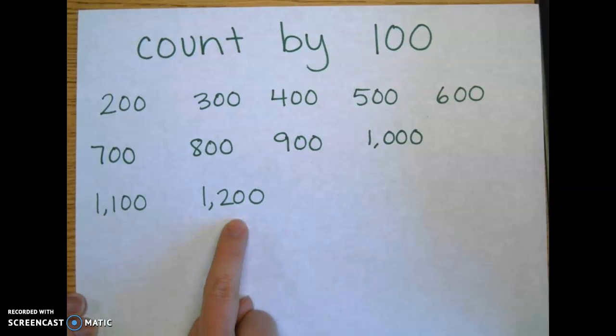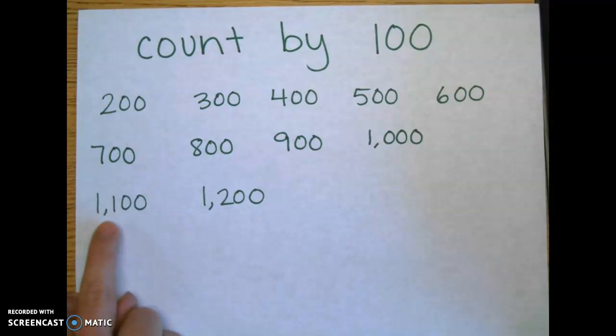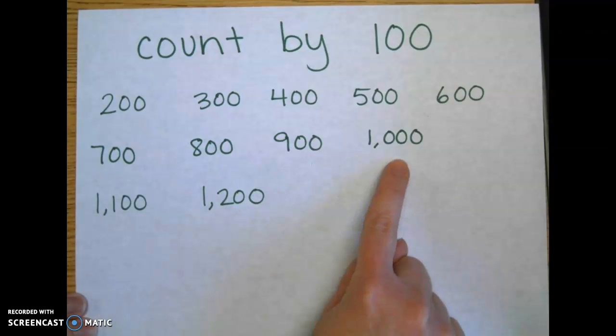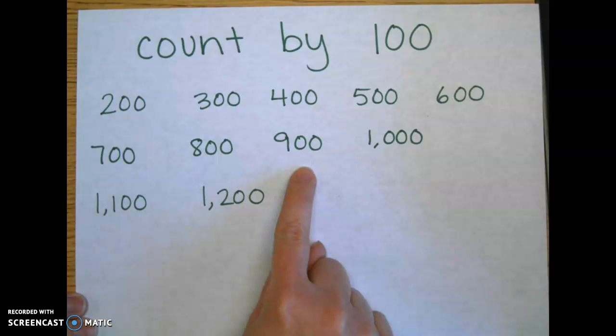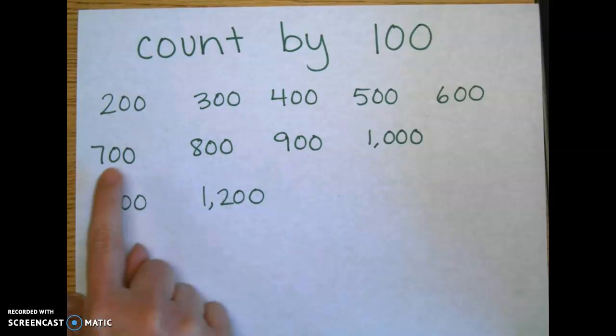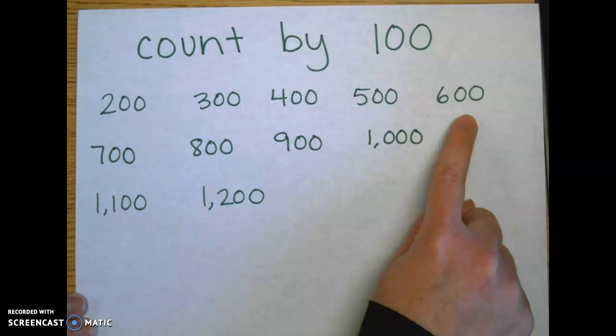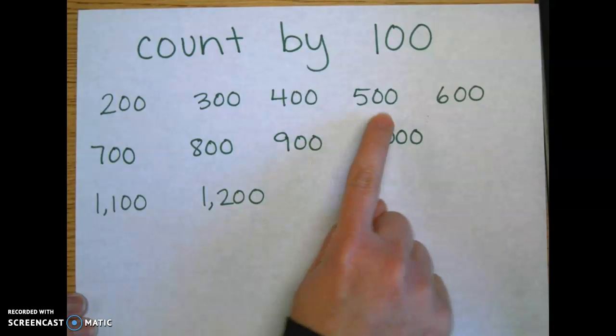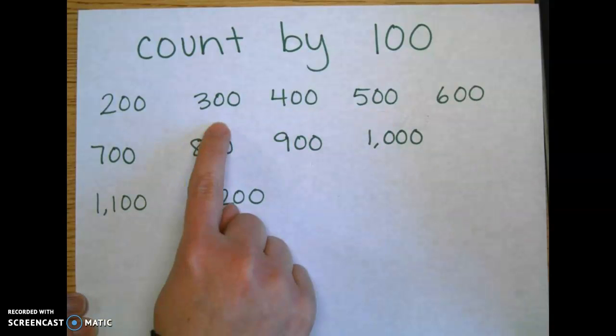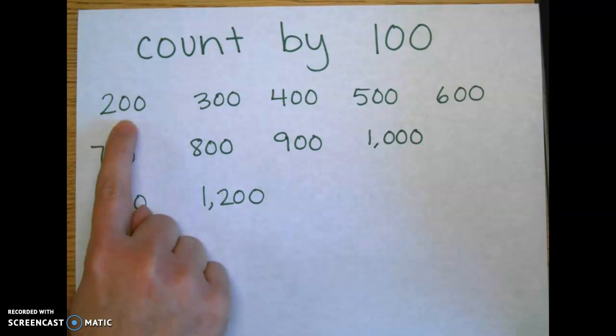Now let's count backwards by 100. 1,200, 1,100, 1,000, 900, 800, 700, 600, 500, 400, 300, 200, 100. Nicely done.